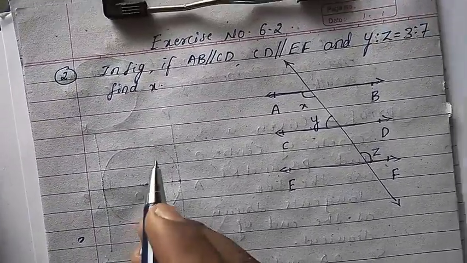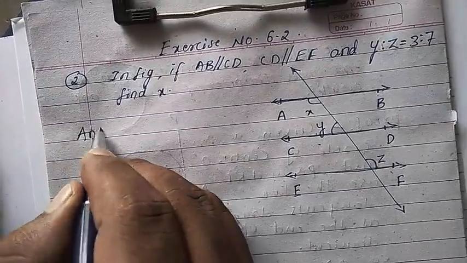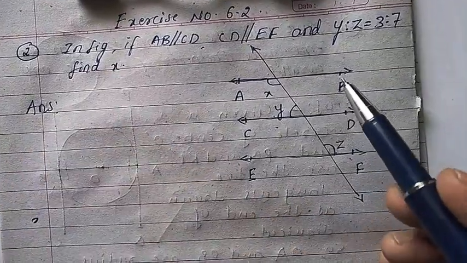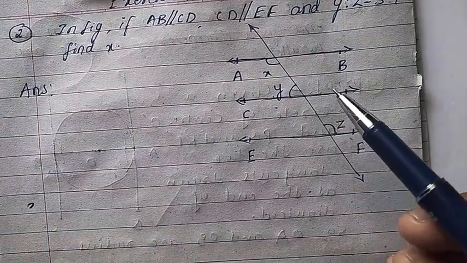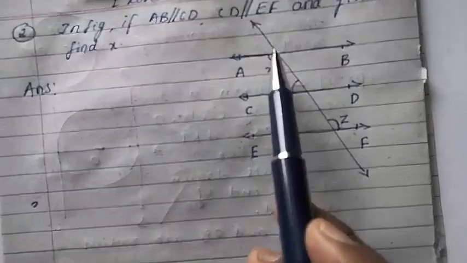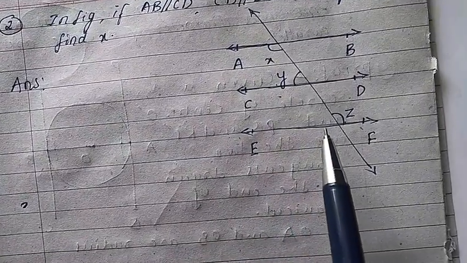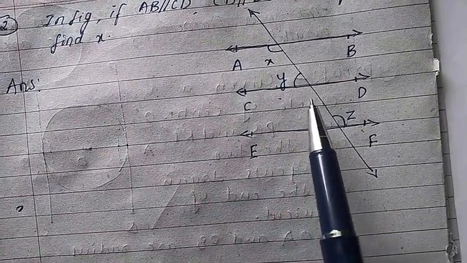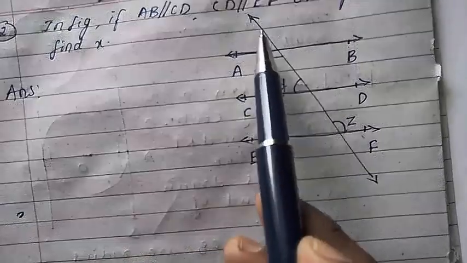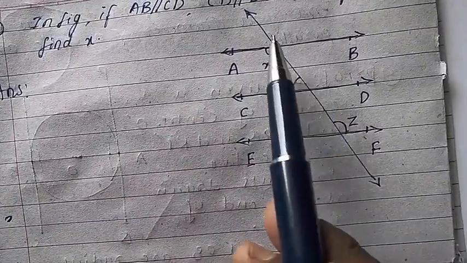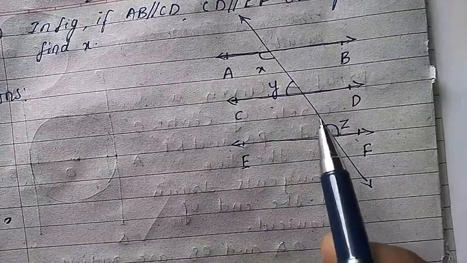Now see here, answer. Now first see here in the diagram. Yesterday we have seen one theorem. When the transversal is intersecting two or more parallel lines, then each pair of the corresponding angles are equal. So which are the corresponding angles here?